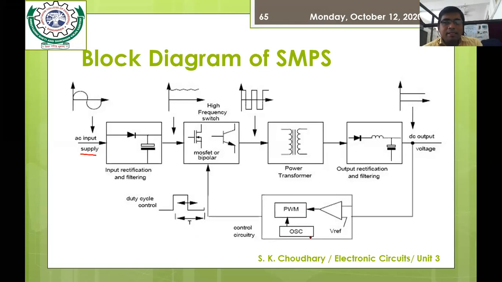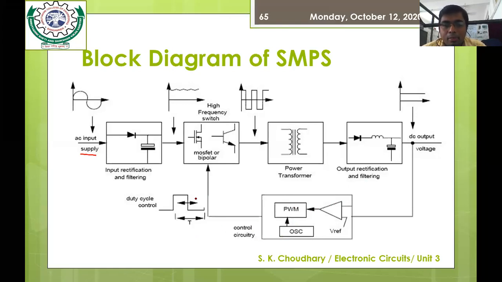So one of the feedback circuitry is used here, that consists of an error amplifier, an oscillator, and a pulse width modulation circuit, PWM circuit. This whole circuitry is called the control circuit.